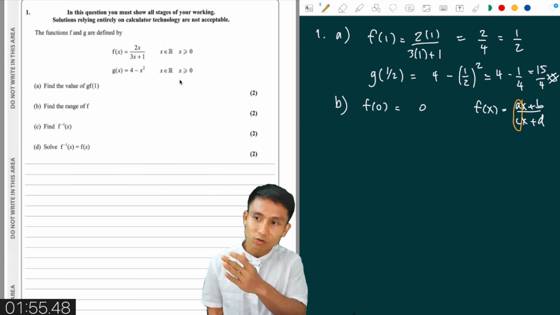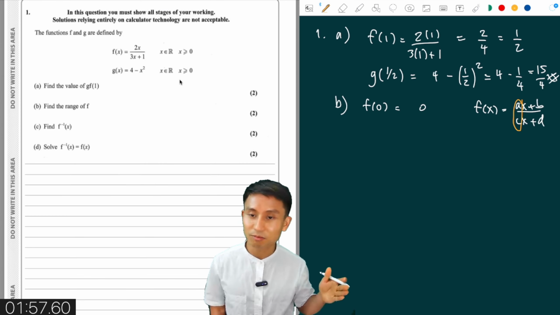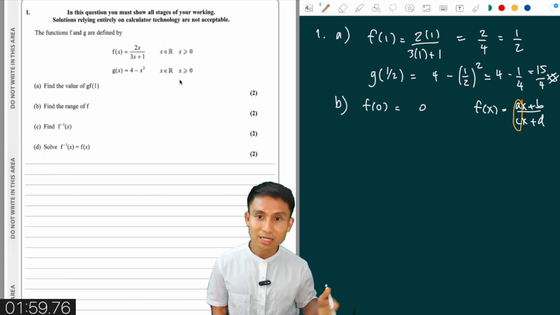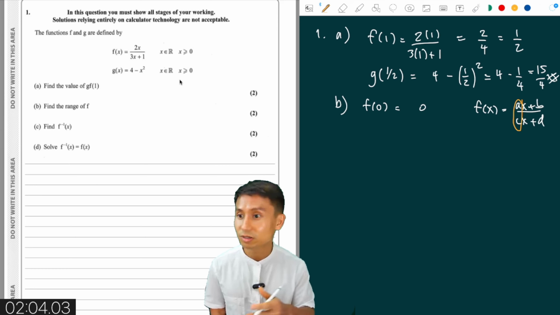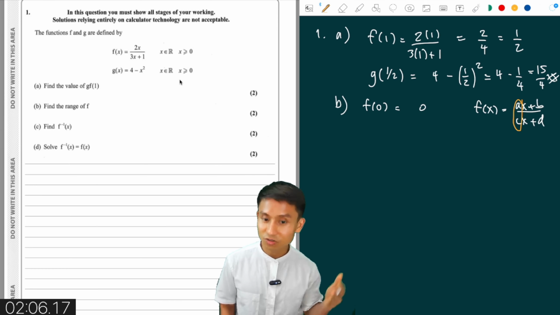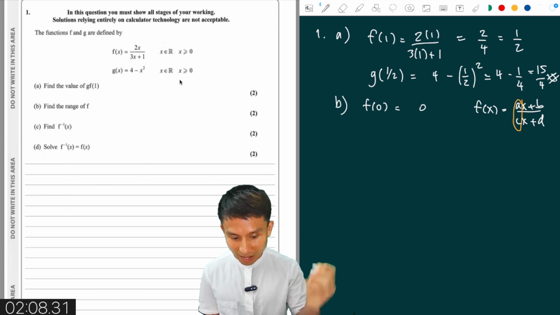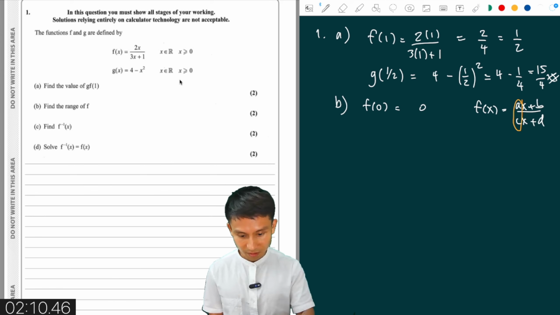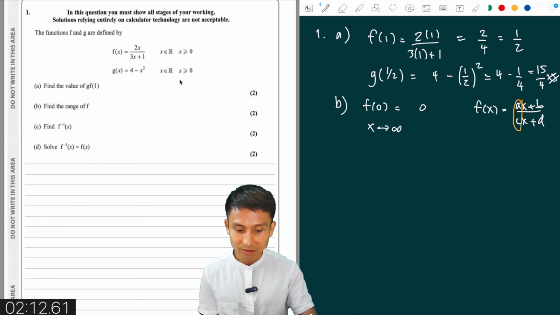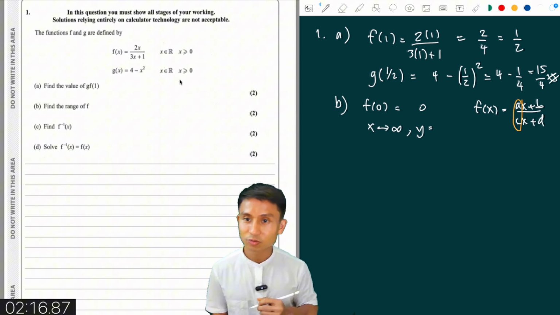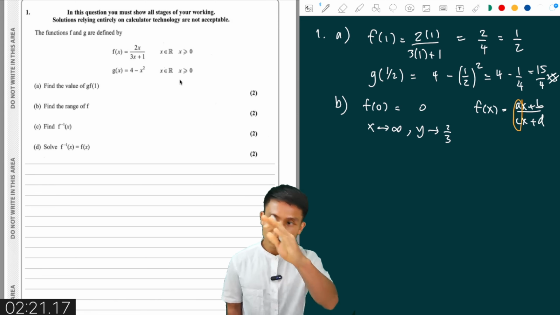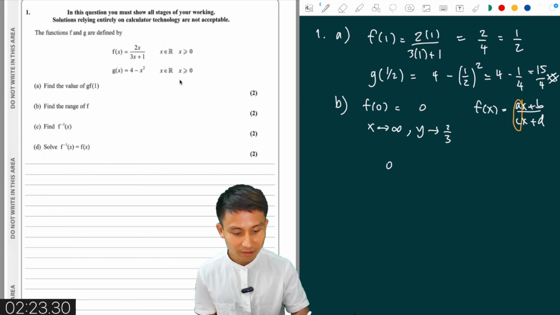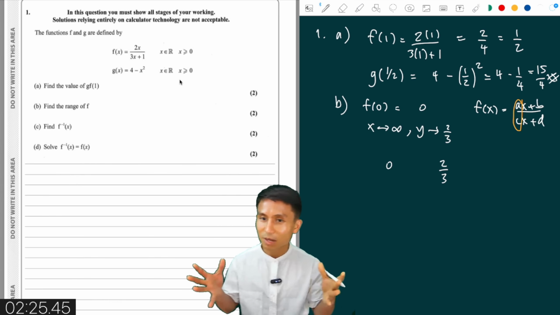Because if you substitute x to a very large number, say infinity, b and d will be negligible, so you will only be left with a times infinity over c times infinity, and that is just a over c. So the other bound of the range, when x tends to infinity, is y approaching 2 over 3.